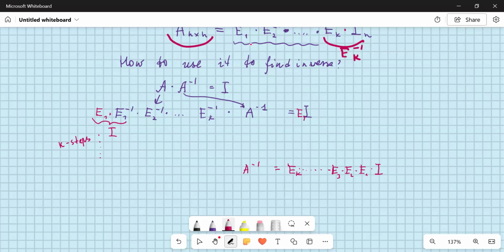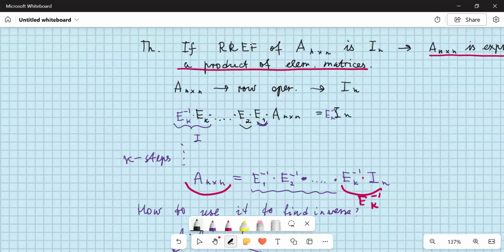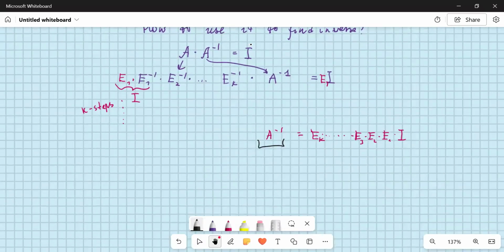So actually, if I look at this statement closer, I'm going to see that my inverse is identity multiplied by elementary matrices which correspond to the elementary operations we do when we modify our matrix A to identity, when we do this reducing, Gaussian elimination, Gauss-Jordan elimination.